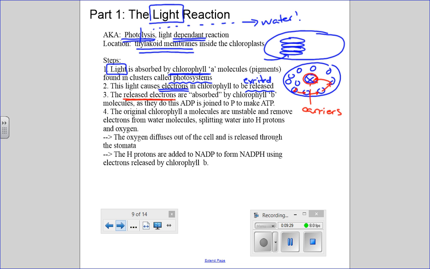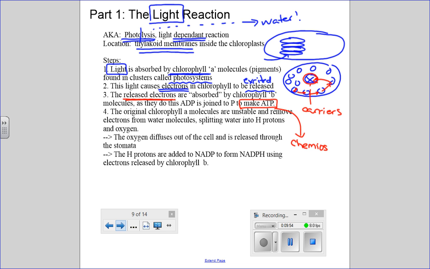Now you see I put the word absorbed in quotations because absorbing maybe isn't the right word to use for electrons, but that's kind of what it looks like if you were to look at it happening in real life. And while this is happening, this movement of electrons is helping us make ATP. How?